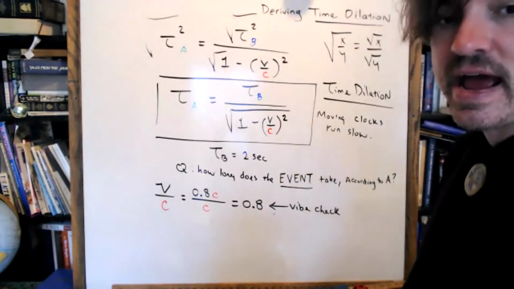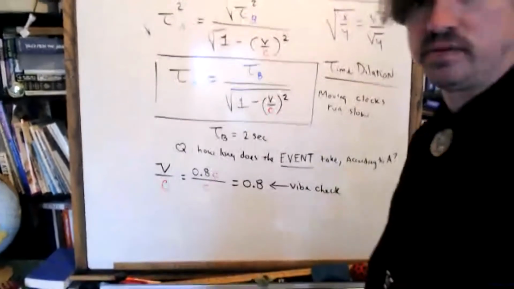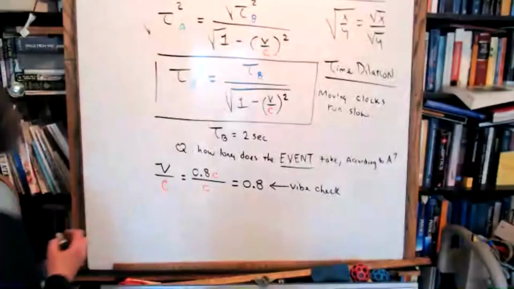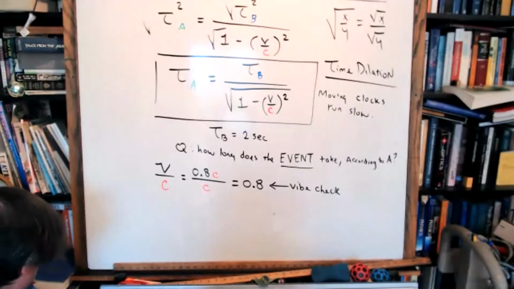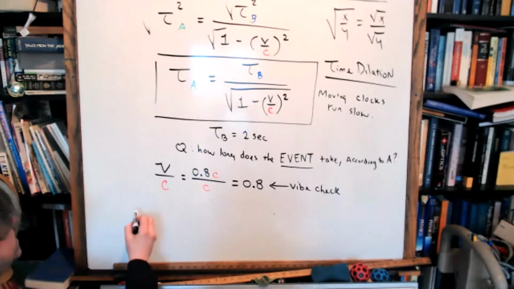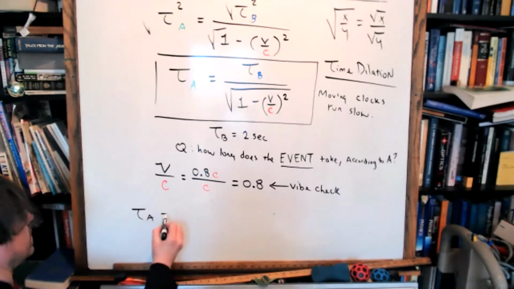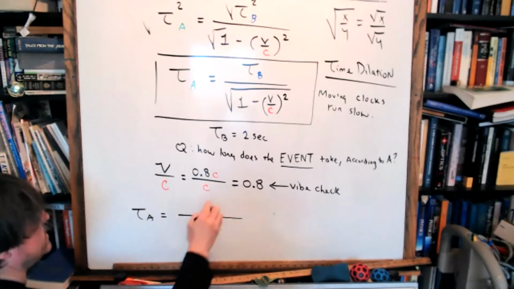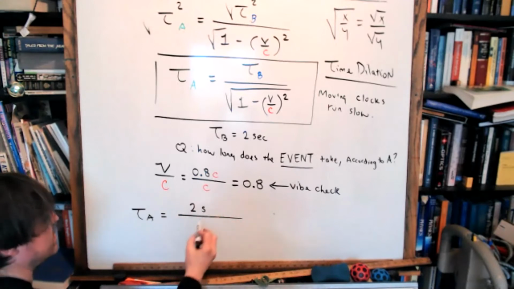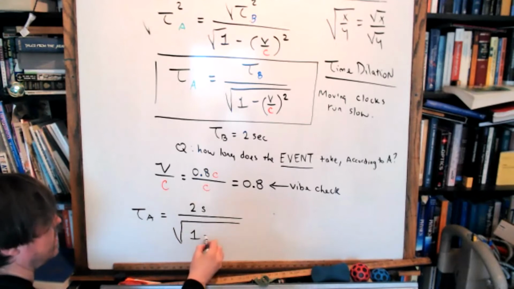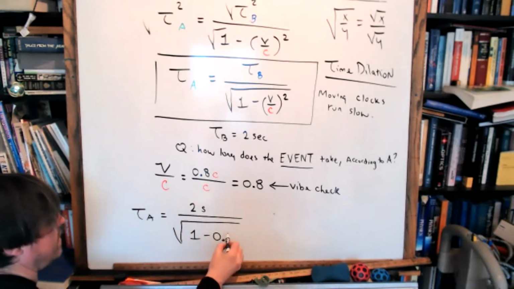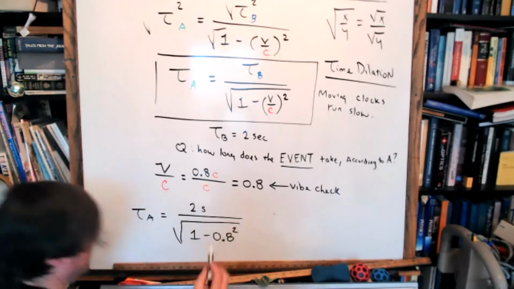All right. Now we're ready to set up our equation. Follow along with me. I might just drop the colors for a second. Well, I'll keep red for the speed of light, but I'll speed this up if I can drop some of the colors. TA will measure a time of 2 seconds divided by the square root of 1 minus 0.8 squared.